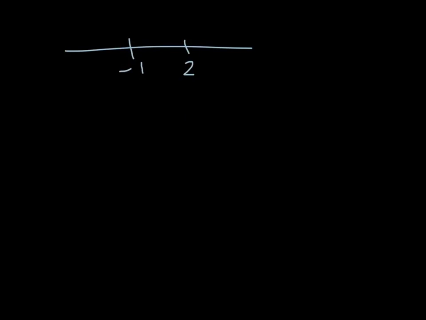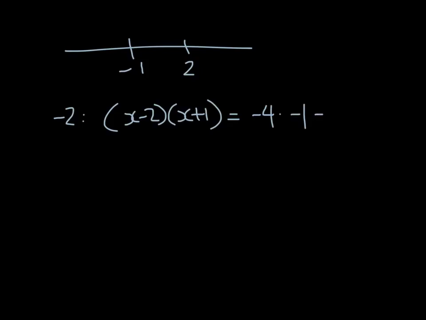And so we'll test things that are less than negative 1. So let's just say I'll plug in negative 2 into my equation, x minus 2 times x plus 1, and I end up with negative 4 times negative 1, or 4. So this side over here is positive.